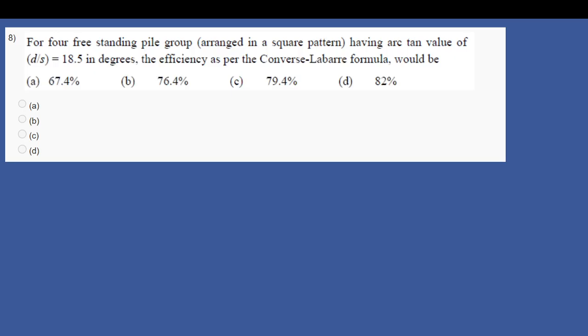So for a four freestanding pile group having an arctan value of d by s as 18.5 in degrees, again you need to calculate the efficiency as per the Converse-Labarre formula for a four freestanding pile group.